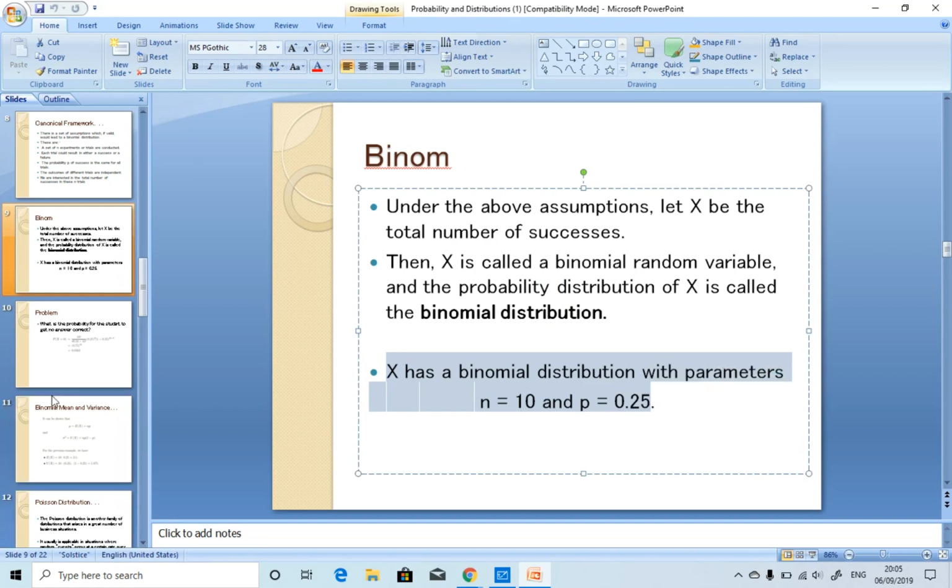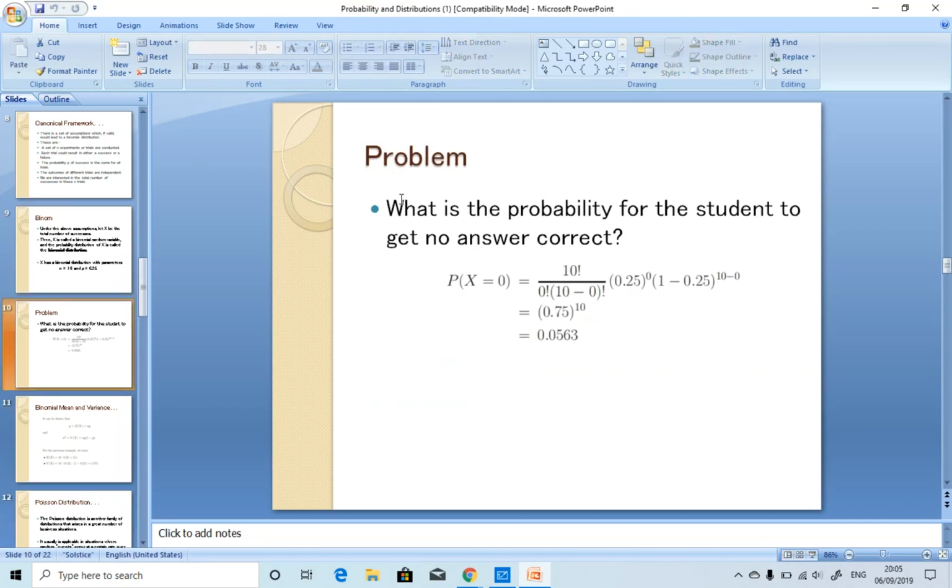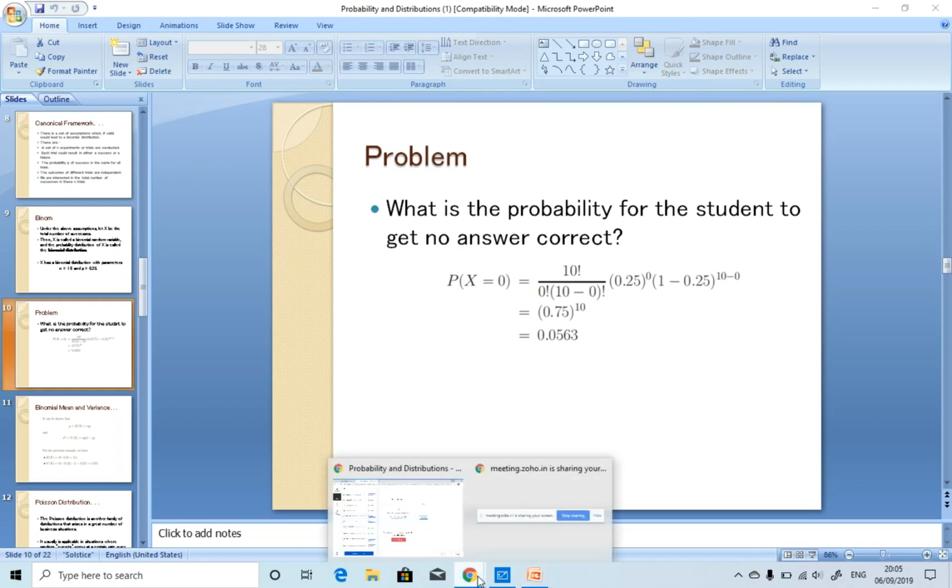Okay. Now my question is, what is the probability that a student gets no answer correct? X equal to r will be 0, right? nCr into p power r into 1 minus p power n minus r, right? So what will be the answer? Guys, are you able to understand the problem or not?